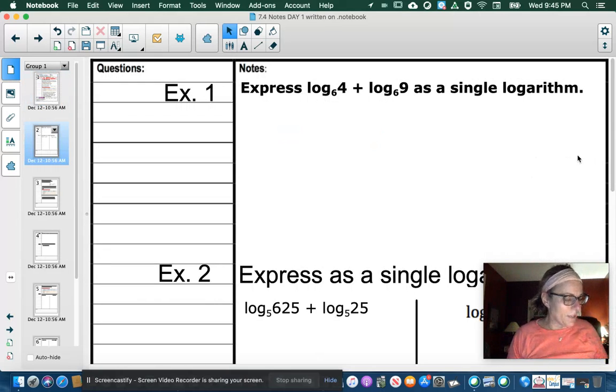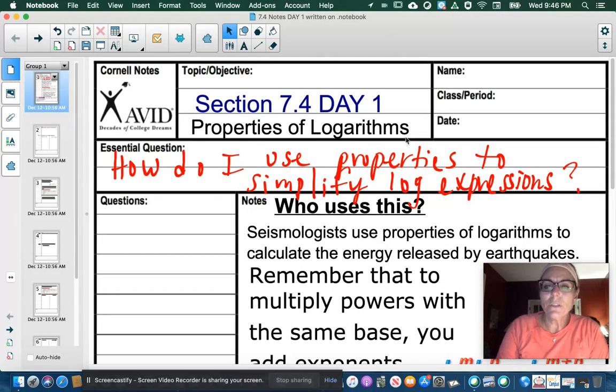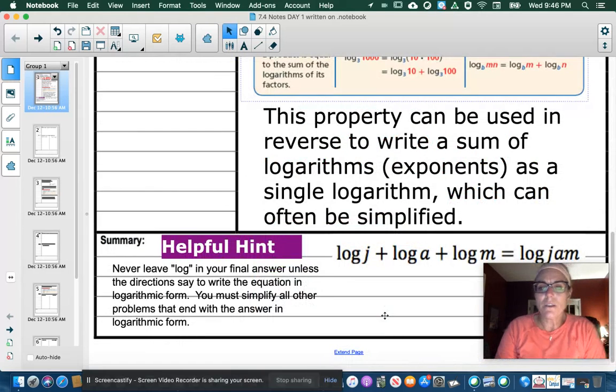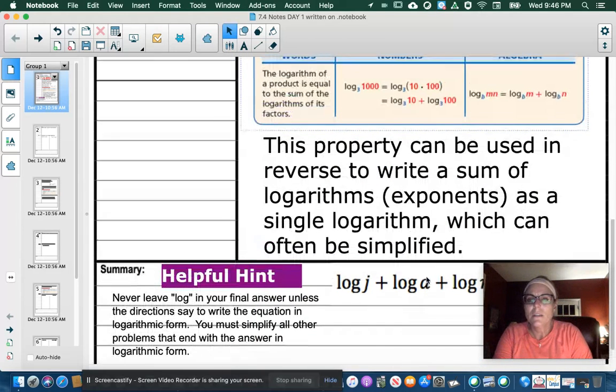Example number 1. Express log base 6 of 4 plus log base 6 of 9 as a single logarithm. Well, like back here, in this property, the sum of two logs is equivalent to the log of the product m times n. So that's what we're going to do.